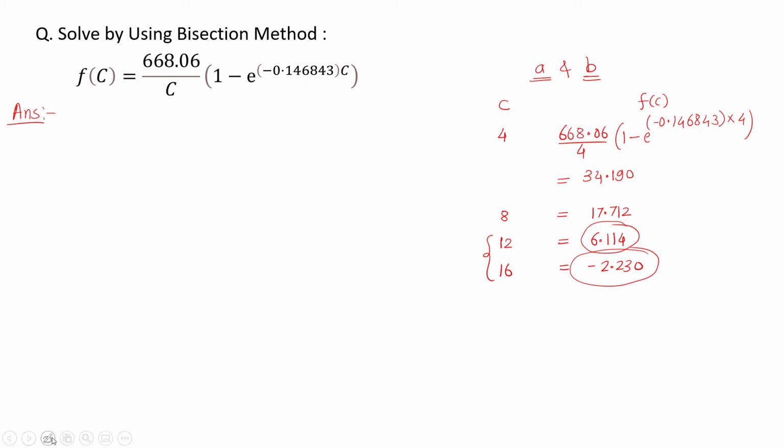So for the first approximation of the root by the bisection method, let's take a is equal to 12 and b is equal to 16.